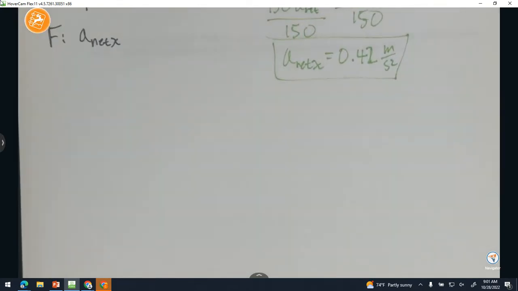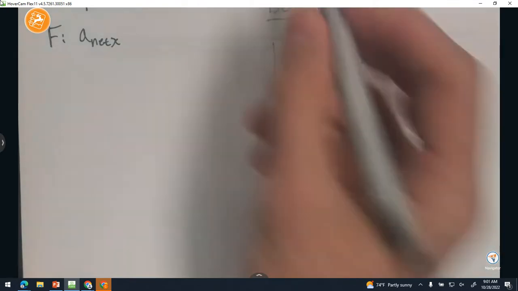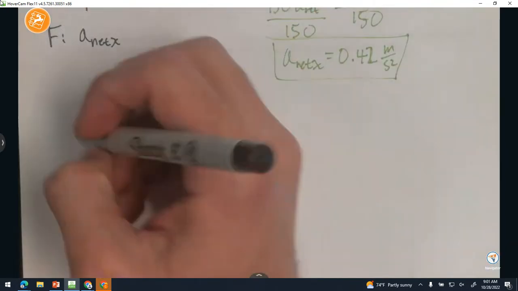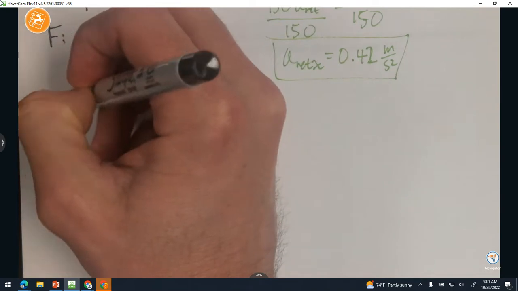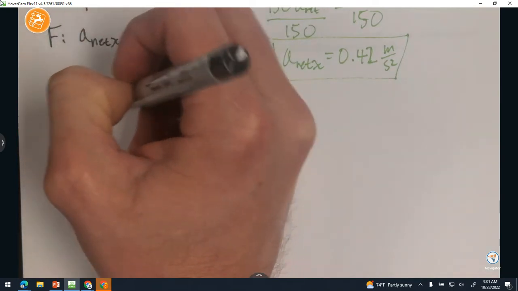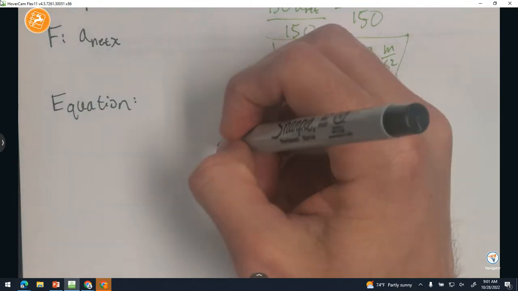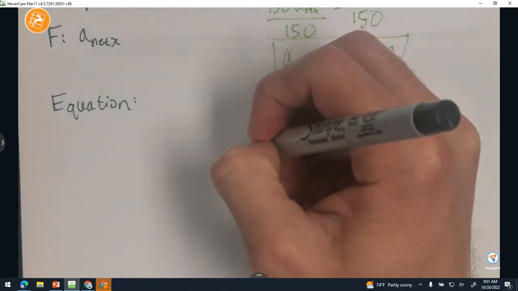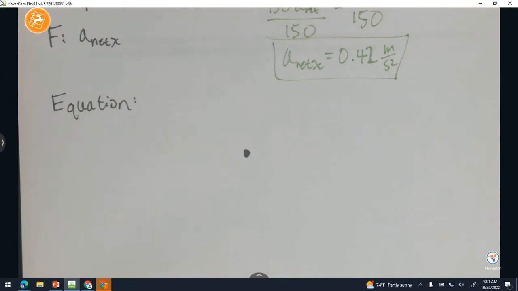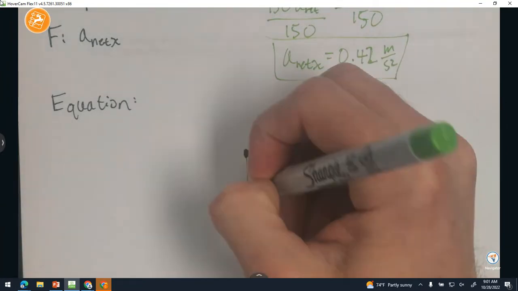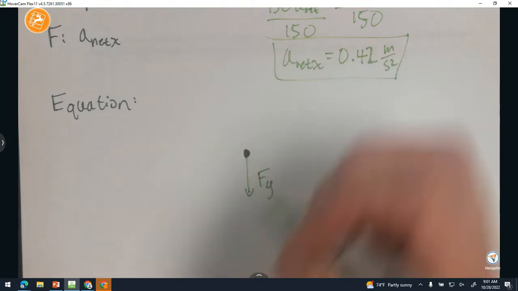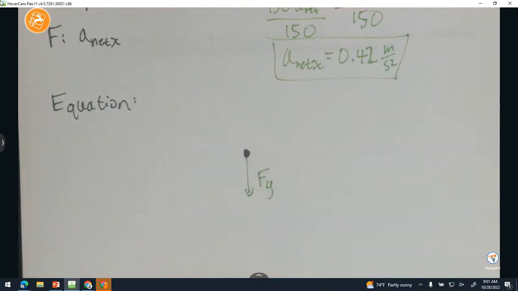Okay, so find the normal force. So let's write the equation. We just wrote an equation in the x direction. What would the equation be in the y direction? Well, just to draw again, our FBD in the y direction has gravity going down, Fg, and then we have 2 things going up.